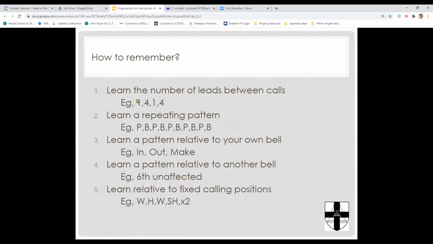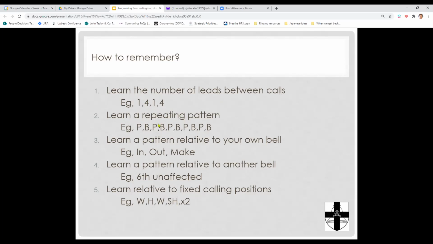So there might be a call in the first lead, then a call in the fourth lead after that, and then the next lead after that, and then the fourth lead after that. So one way of doing it is just to literally count the number of leads between calls. That's quite hard work, because you've got really not much orientation of what's happening. I would be quite cautious of that approach, but it is an approach.